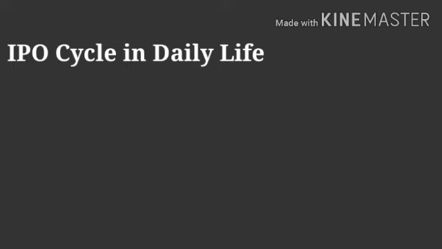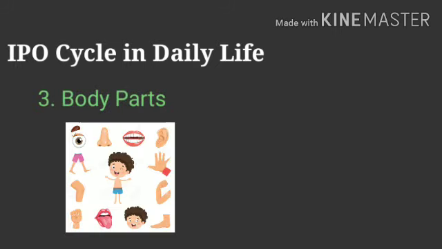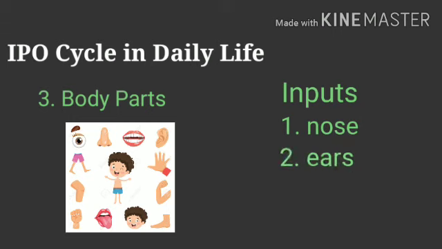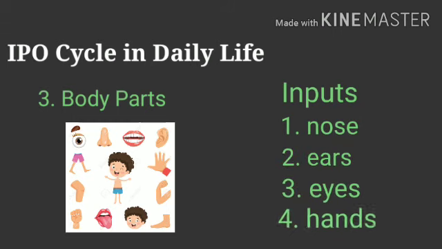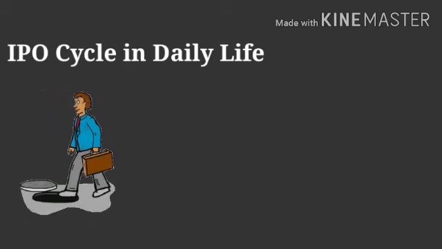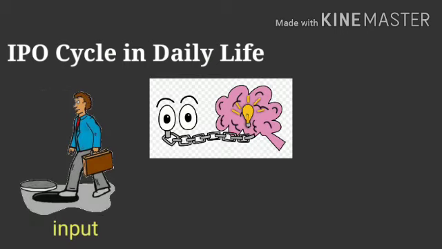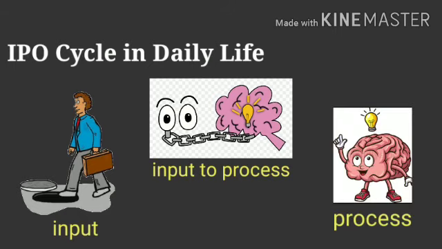Boys, we can also understand the IPO cycle through our body parts. Our body takes input from nose, ears, eyes and hands. So if we are walking and there is a hole in the ground, the eyes will see it and send the input to the brain.